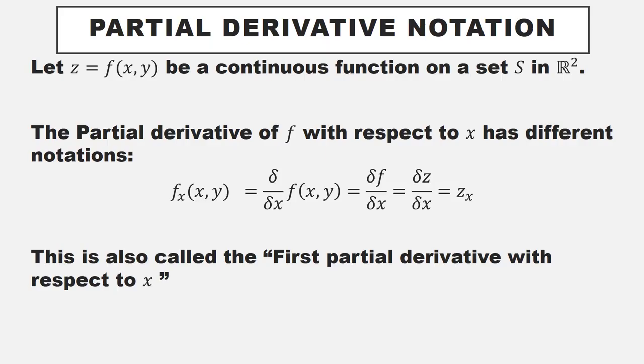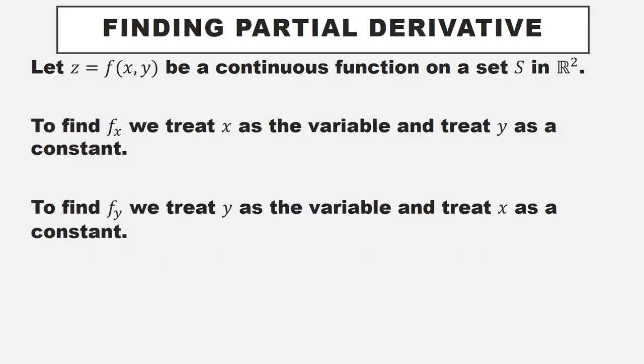So we took a derivative with respect to x, we took a first derivative with respect to x. Now, how do we actually find these partial derivatives? Well, we've all taken derivatives before, at least I hope so at this point if you're watching this video.